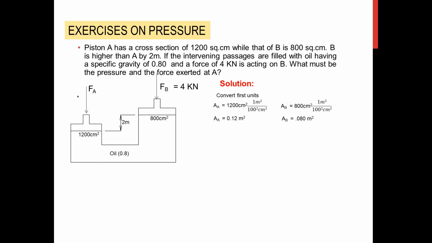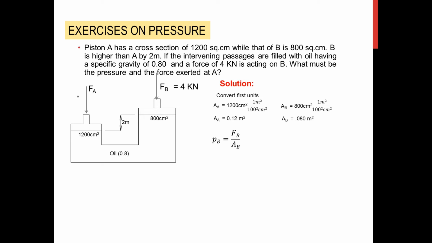Our solution will be dictated by the given, starting from that given force at B equal to 4 kilonewton. Recall that the pressure is just equal to the force over area.